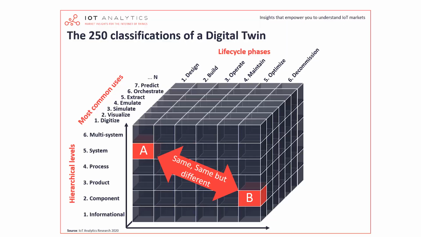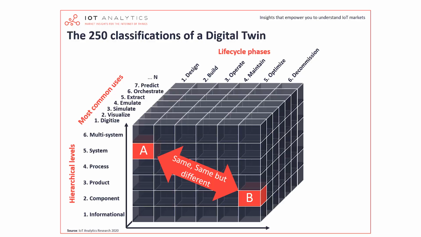I think again, like the discussion of being fit for purpose, it really underlines that a digital twin isn't one thing. It's a continuum of different things that are related. You can even see what we talked about, being able to visualize something, then simulate it, and even do predictions.